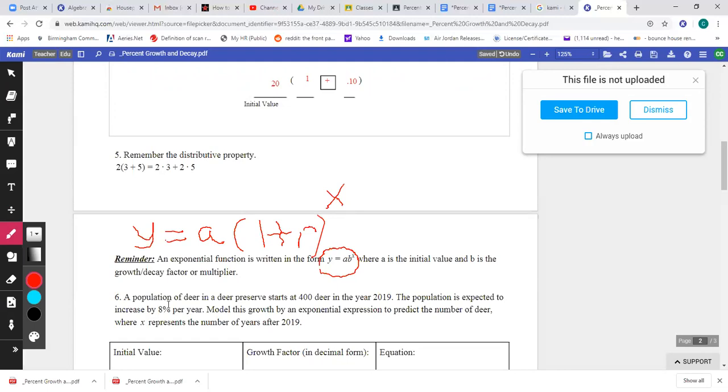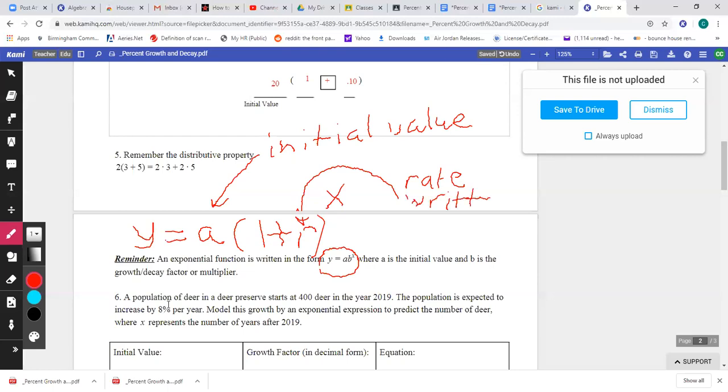Okay, so what does this all mean? Remember that the A is your initial value. And remember that the R here is the rate, but it's written as a decimal.